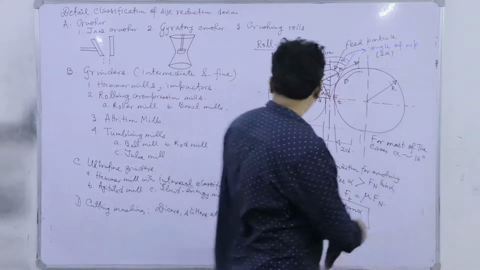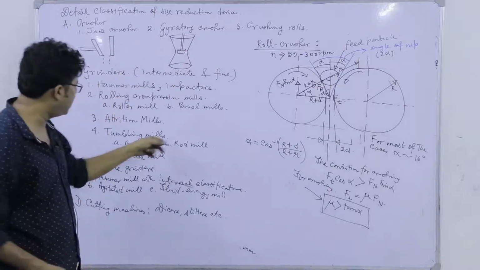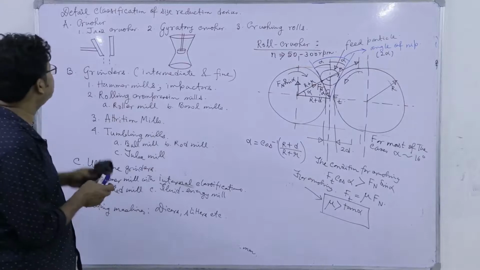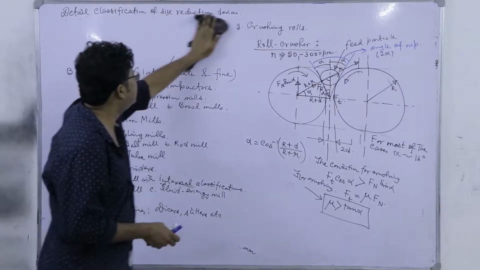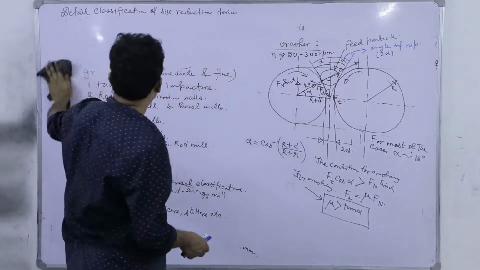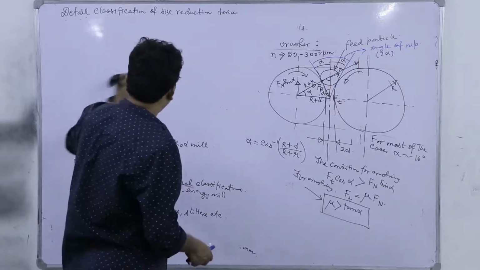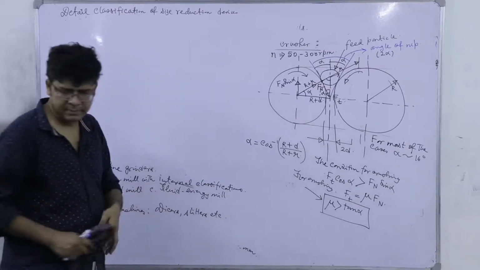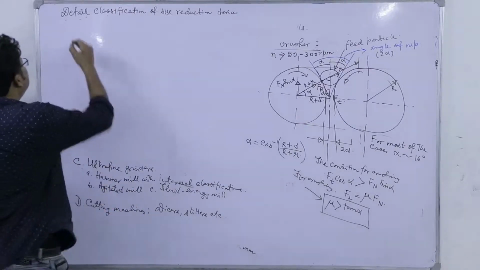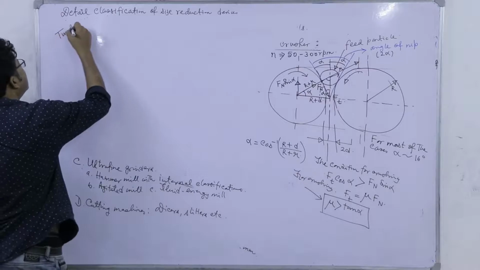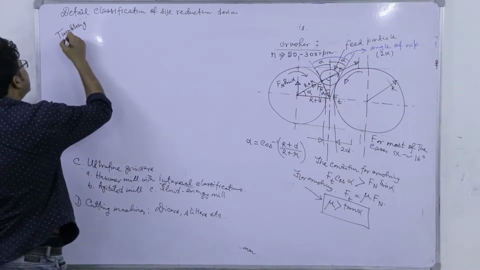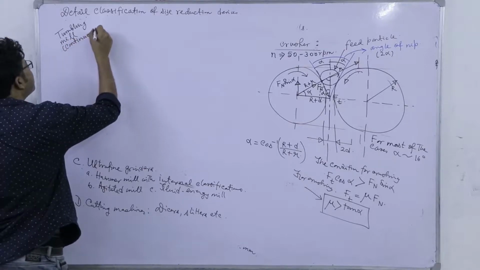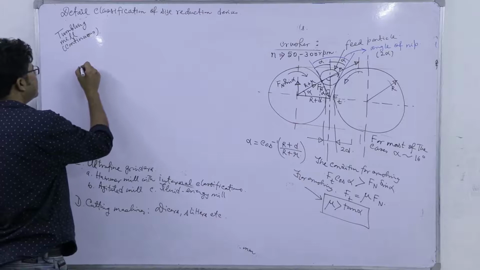So, again, here we have used the word tumbling mill, and there is something called the ball mill. We will discuss this, because again there is some mathematical equation involved here, which is referred to as critical speed. So, you see a continuous tumbling mill, how it operates.